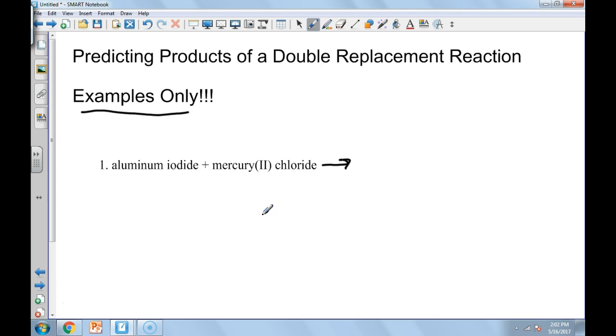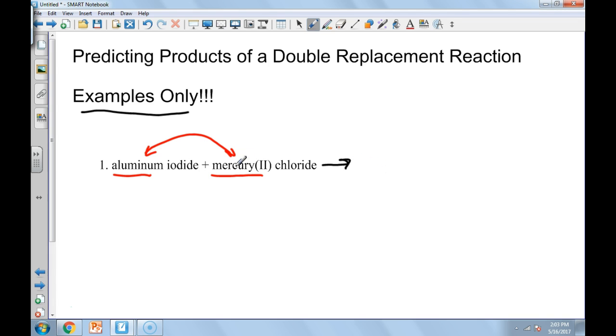We're still going to eventually have to write formulas, but if we're given a name, remember, a double replacement reaction is what I call a wife swap. So if I take the first element of each, the metals, and then swap them this way, I can write the products of the reaction.